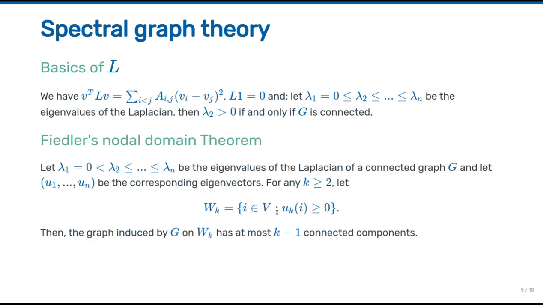What this theorem is telling you is that the eigenfunctions associated to small eigenvalues, the first ones, lambda 2, lambda 3, are relatively smooth and not varying across the graph, because when you look at their positive and negative parts, they are almost connected.